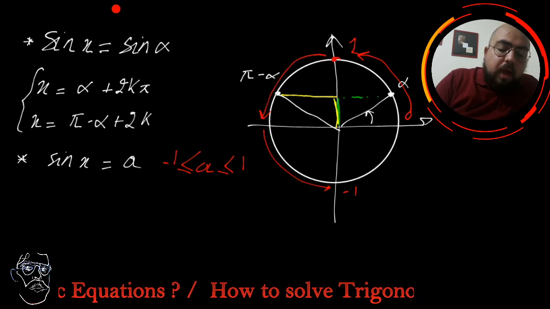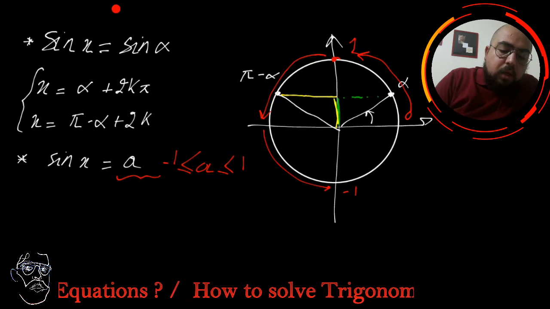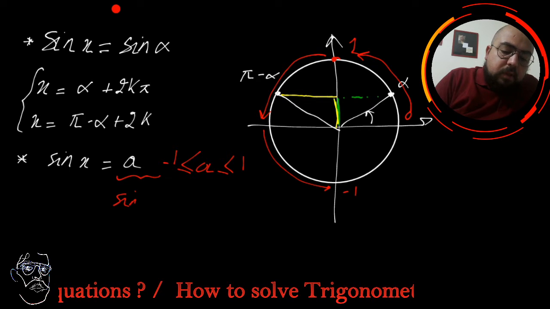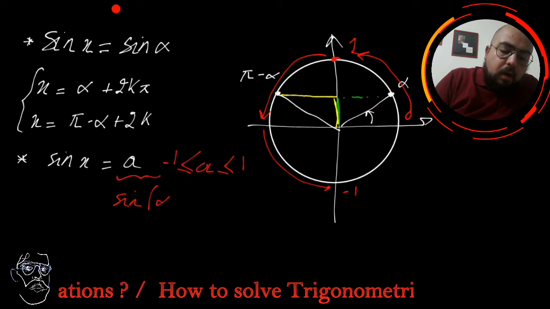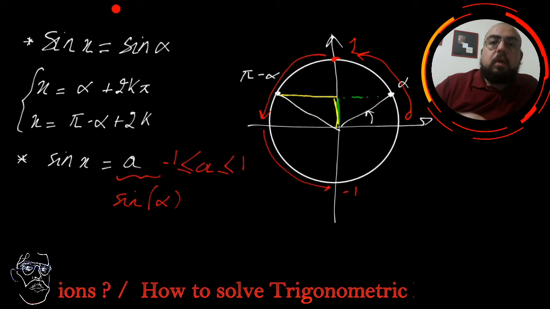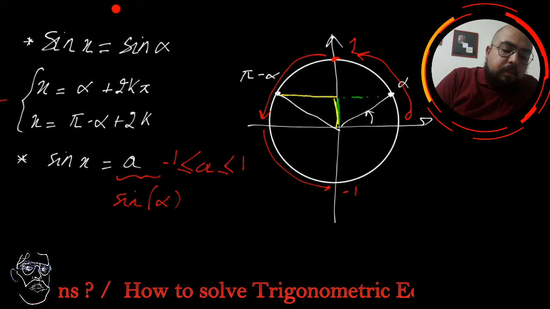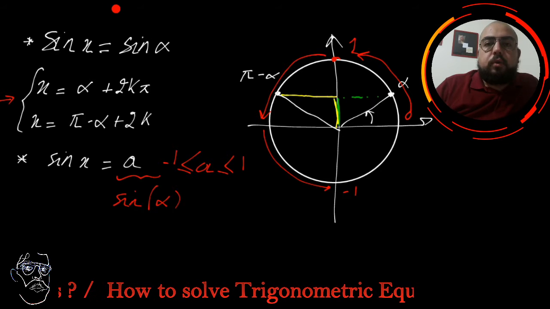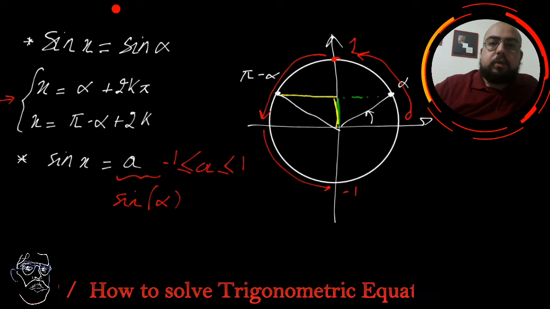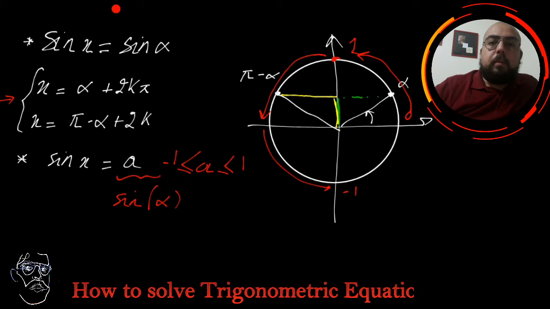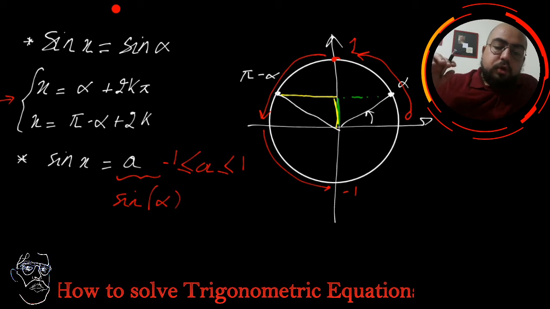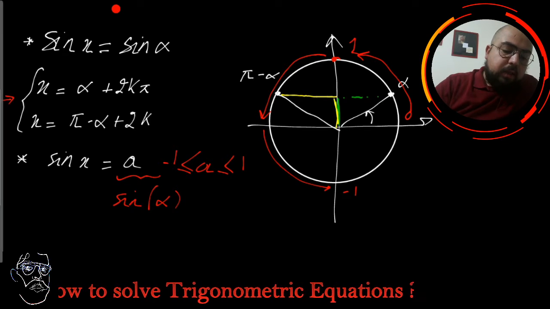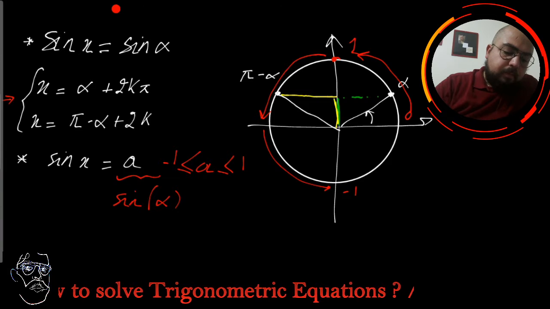You just have to transform a to sine of a certain angle alpha, and then you will have the same solutions: x is equal to alpha plus 2k pi, x is equal to pi minus alpha plus 2k pi. So I will take directly an example.